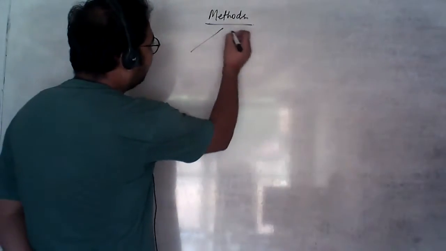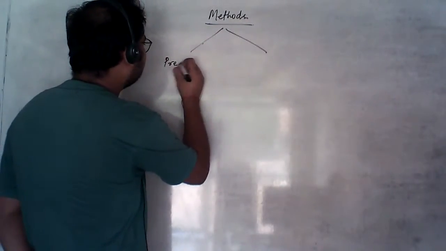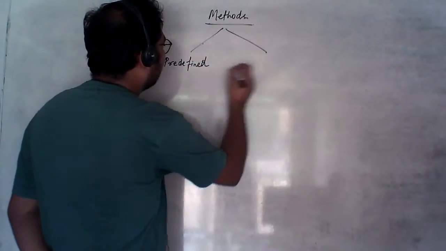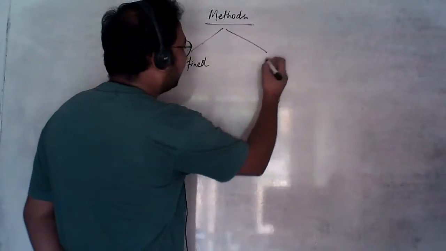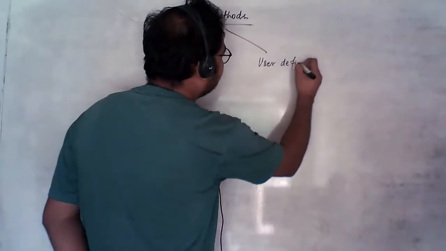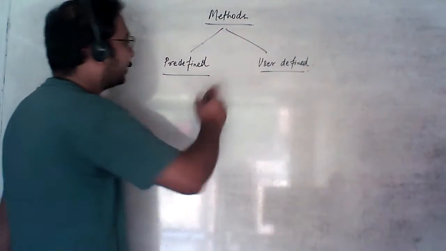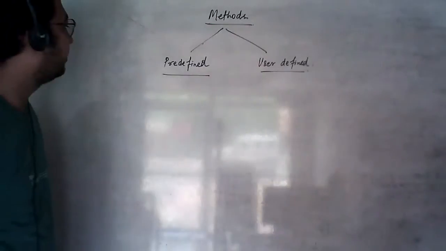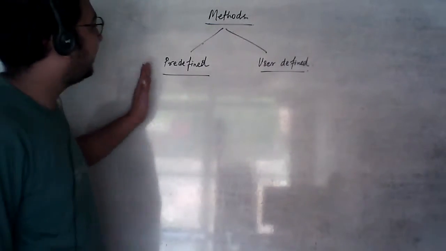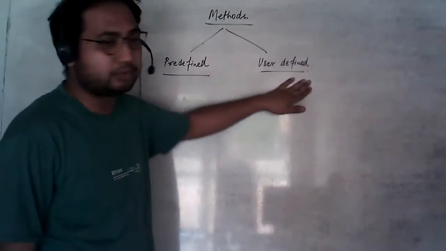So methods are of two types, predefined and another type we can say user defined. Means the methods which are already defined in the language, these are known as predefined methods, and the methods which we declare as per our need, these are known as user defined methods.